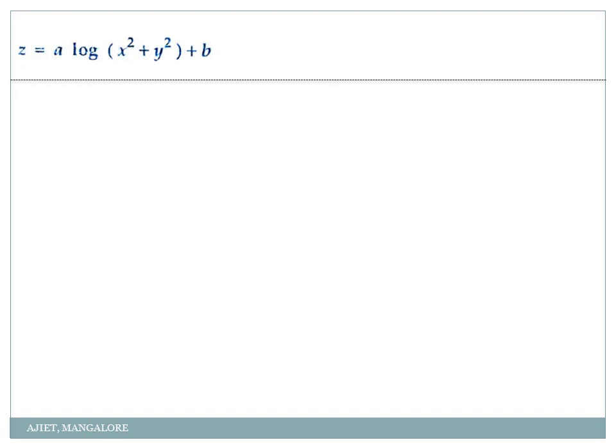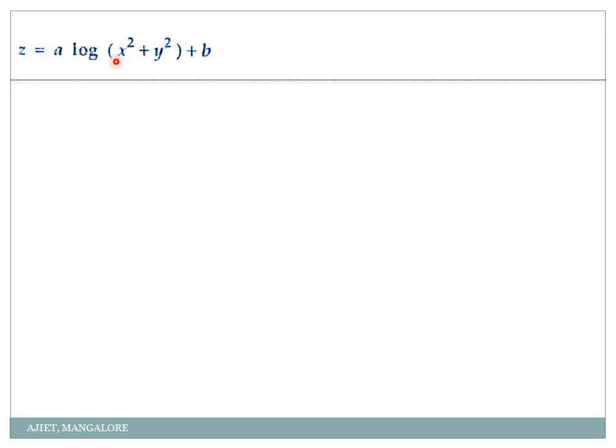So similarly, I'll go for the next problem. z is equal to a into log of x square plus y square plus b, which is a constant here, a and b. So I need to eliminate the constants a and b. So what did I tell you?